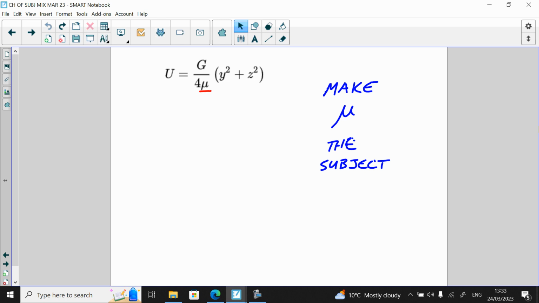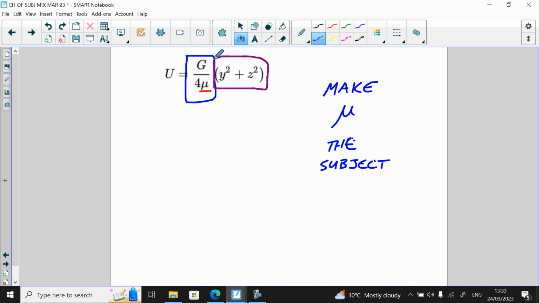So you can either remember one of the wee tricks, and what I need to point out here is this fraction. It's multiplying the whole bracket. So please don't care about that bracket.